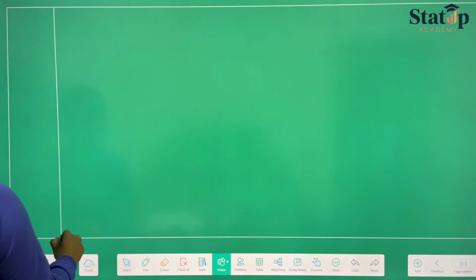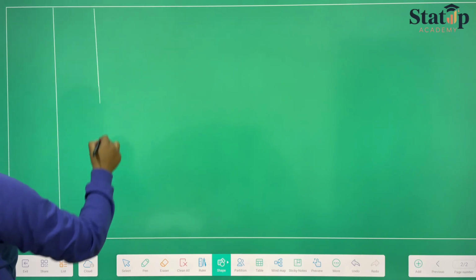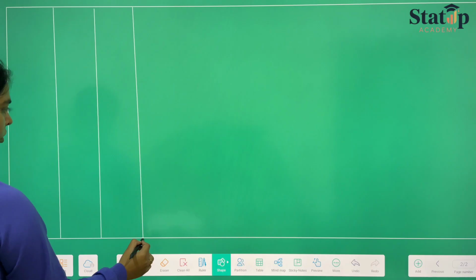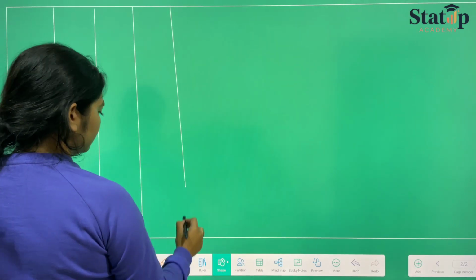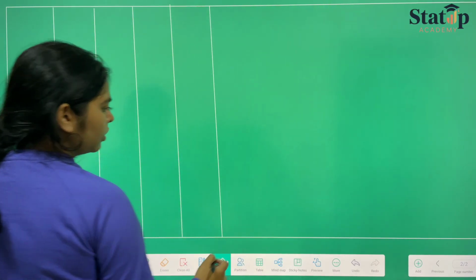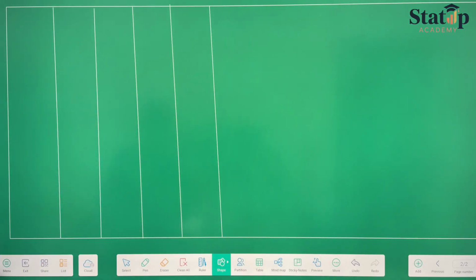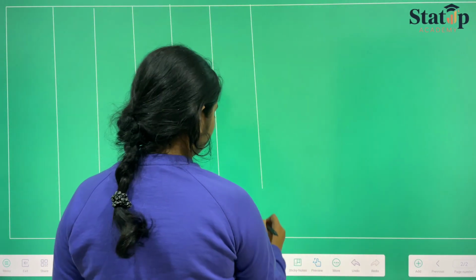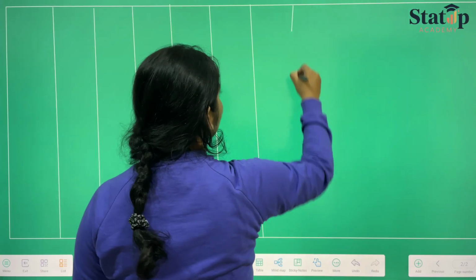Quarter 1, quarter 2, quarter 3, quarter 4. Then what do we need? We need the total of the quarters, and the average of quarter values.